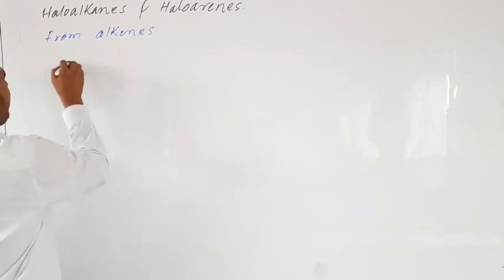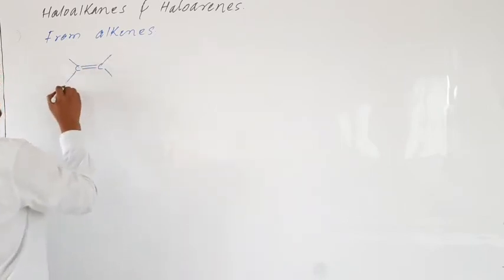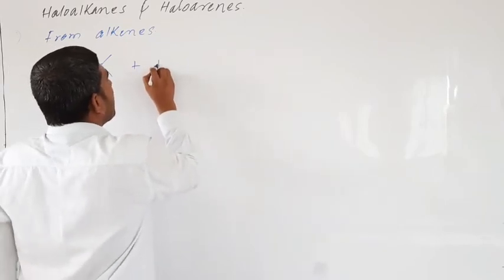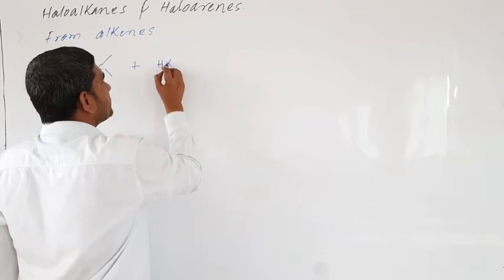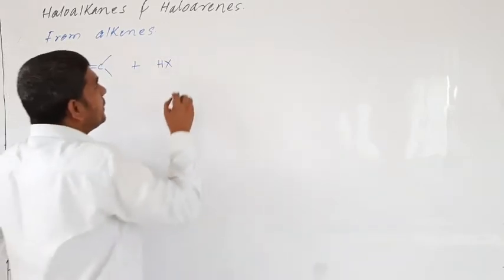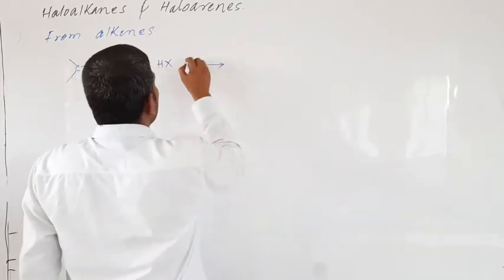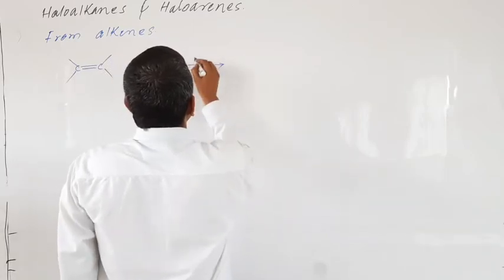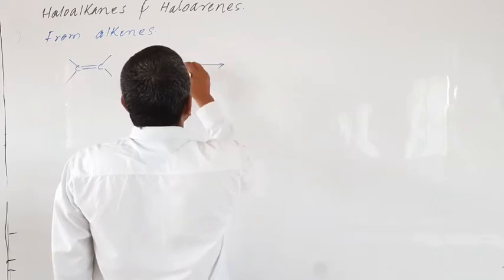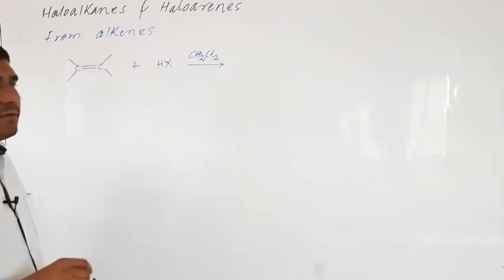Listen, when alkenes react with HX, meaning halogen acids, in presence of methylene dichloride, or you can take acetic acid, any one solvent, methylene dichloride as the solvent.